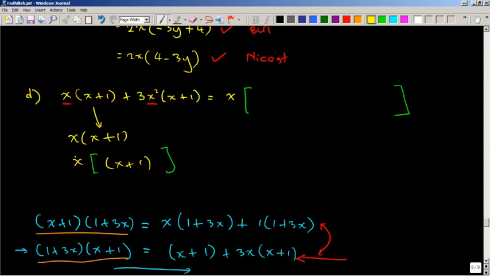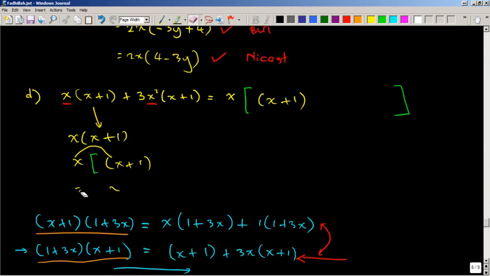And then if you try to expand again, then it becomes x plus 1, multiply again. So if you take x from x plus 1, then you are left with only x plus 1. Boleh?